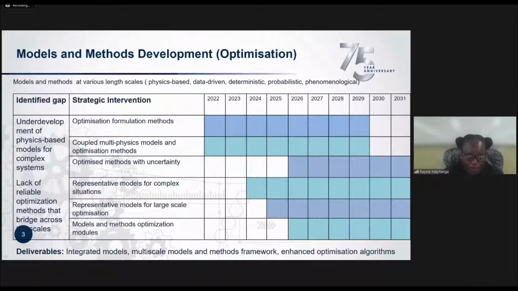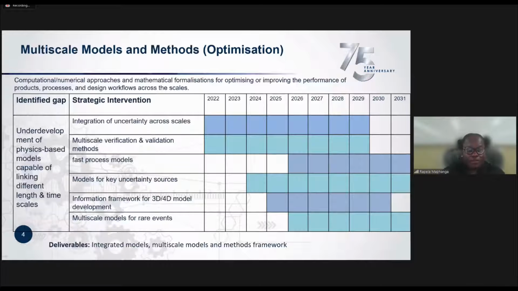I will not go into a deeper detail of the activity levels, but what is important is that out of each and every program, there must be a deliverable. In this case, examples of those deliverables could be integrated models or multi-scale models and methods frameworks, and also enhanced optimization algorithms.